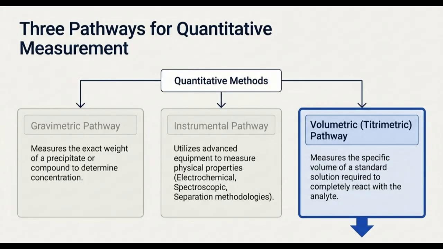For our lecture today, we are going to focus more on the volumetric pathway first, because it forms the foundation of classical quantitative analysis. Then we will move into separation methodologies like chromatography, and finally we will spend significant time on spectroscopy, which falls under the instrumental pathway. So think of this slide as our roadmap for the entire lecture.